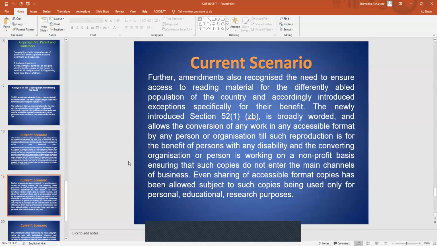The amendment specifically recognizes the difference between the usage of literary and musical work for incorporation in the cinematographic film, and the other independent use of such work in different mediums and modes.